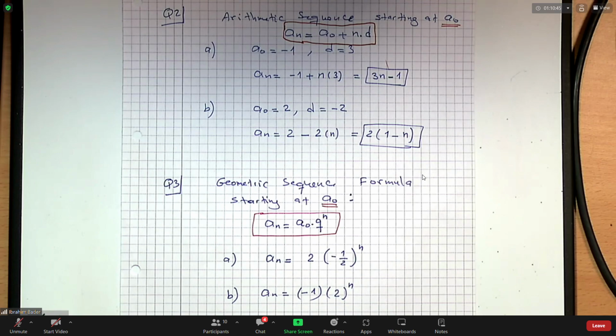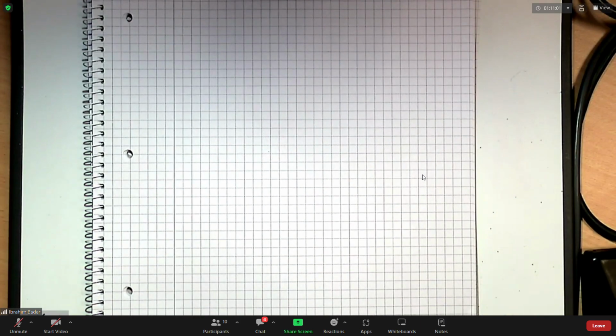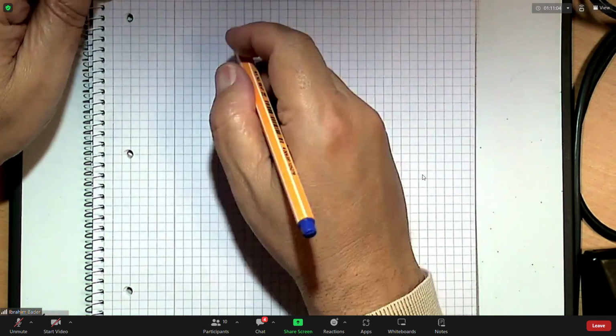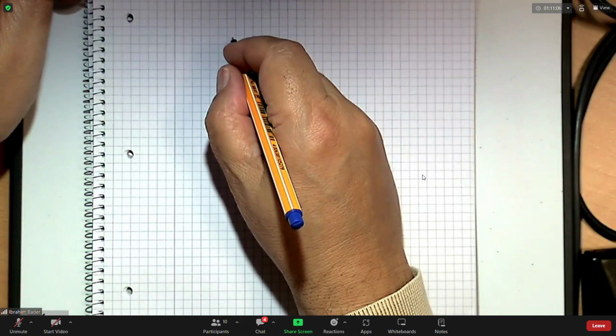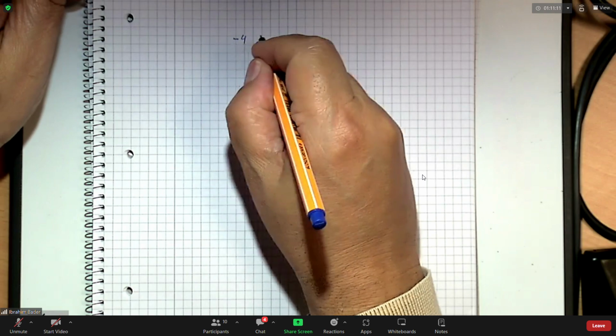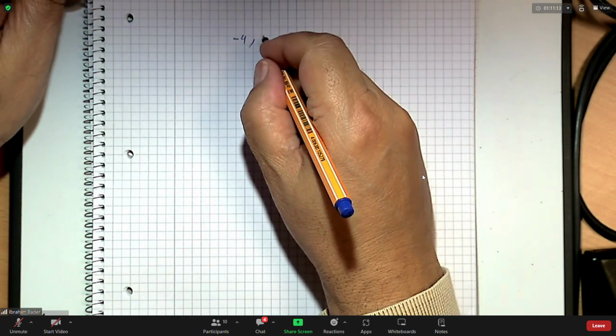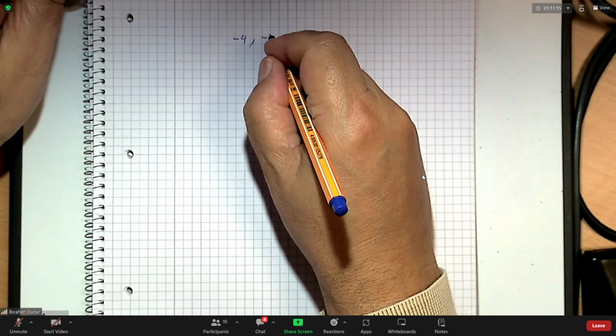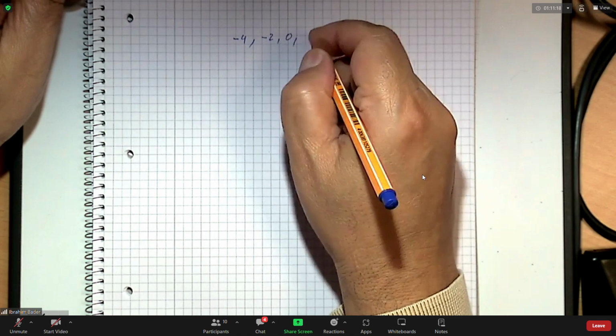If you are given a sequence and then you are asked to evaluate it, let's say, I don't know, something like -4, -2, 0, 2.